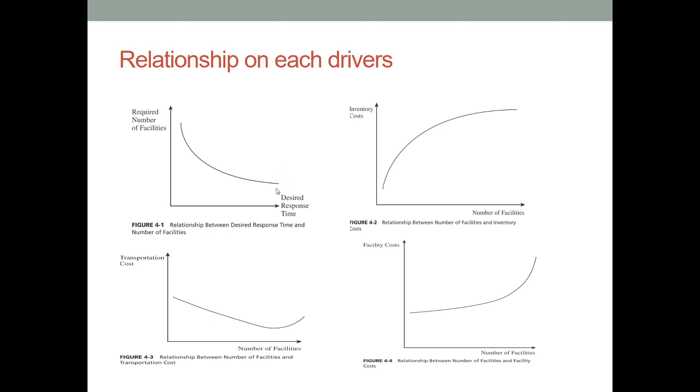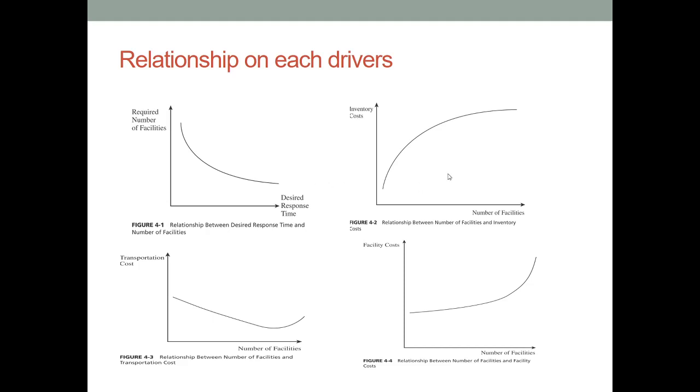Even though the response time is longer, they only need about 20 warehouses, right? So the more facilities, the faster the response time. The fewer facilities, the slower the response time.